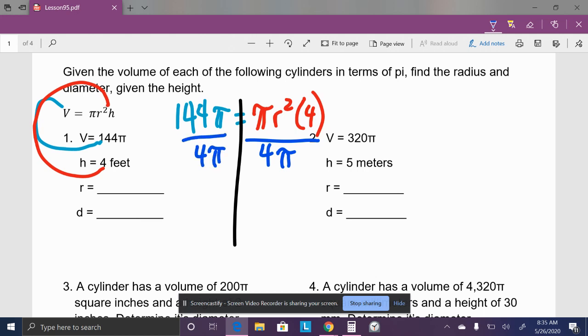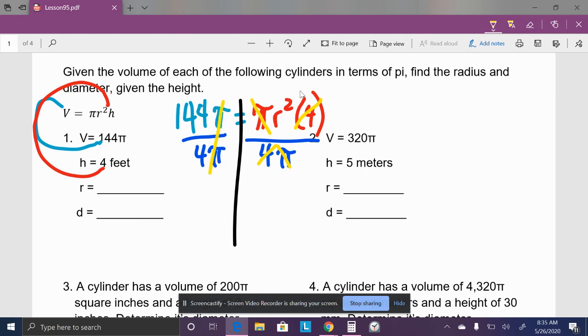Now, why do I divide both sides by 4 pi? Because I want these to cancel, right? I want the pi's to cancel, and I want the 4's to cancel on this side. So I'm just left with r squared. Now, what's nice about this is that also on this side, these pi's also cancel.